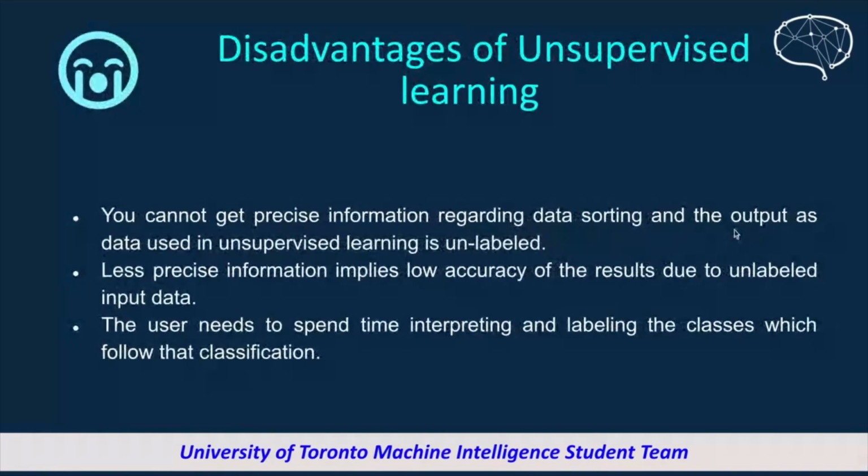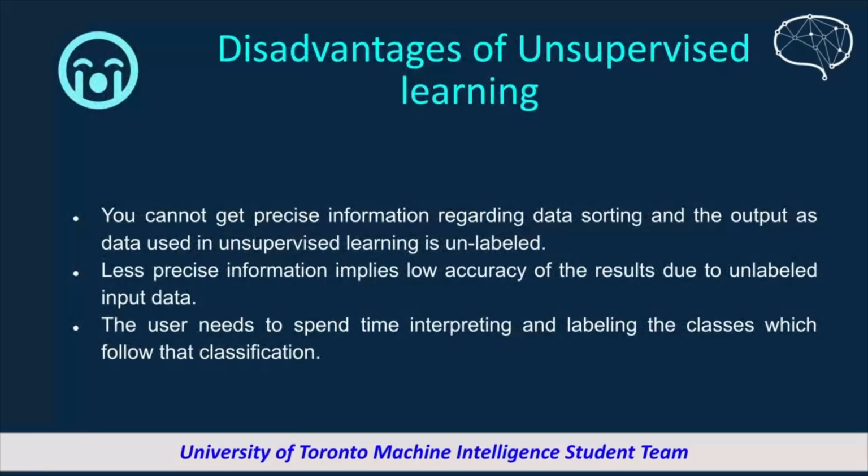We would now end the lecture section of the workshop series by looking into the disadvantages of unsupervised learning. With everything that you have heard me talk about, you would have realized that you cannot get precise information regarding the data sorting and the output using unsupervised learning, as the data is unlabeled.